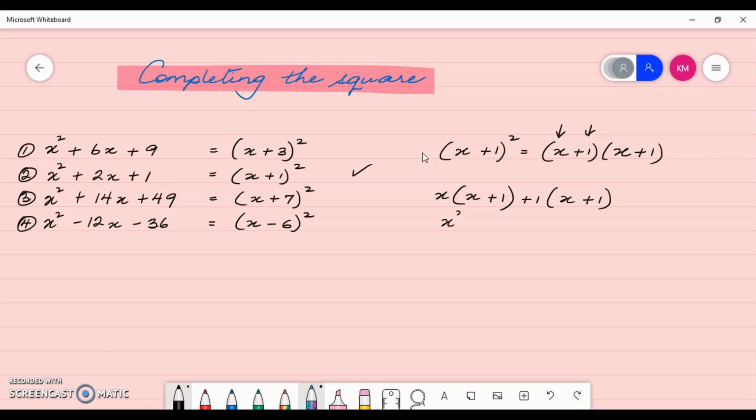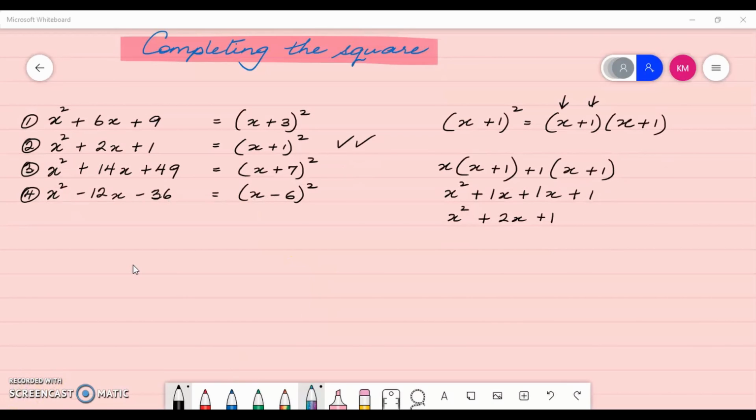So we get here x squared plus 1x plus 1x plus 1. So this can simplify to x squared plus 2x plus 1. So yes, it is indeed correct. So we can write each one of these quadratics, and now we know that these are called perfect square trinomials because they can be written as perfect squares.